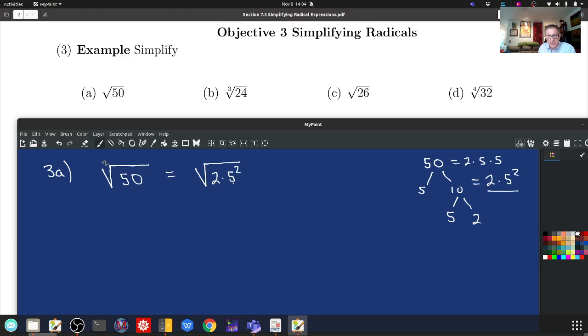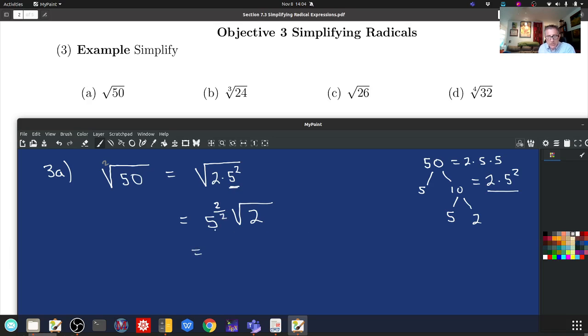Since my index is 2, I have a power raised to an even power, something that is divisible by the index. So I can take this whole component, 5 squared, outside, but the price I have to pay to move it outside of the radical symbol is to divide its existing power by the index, which is 2.